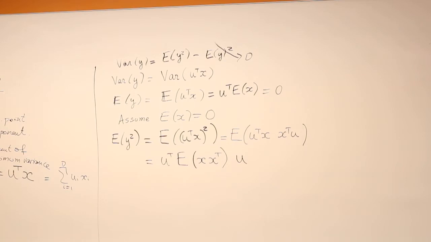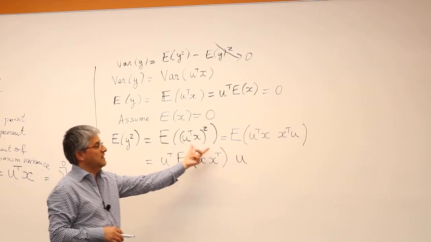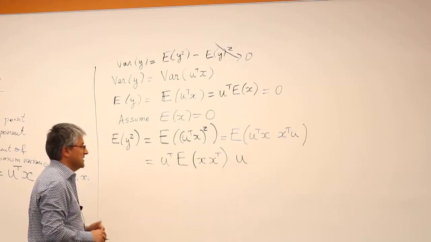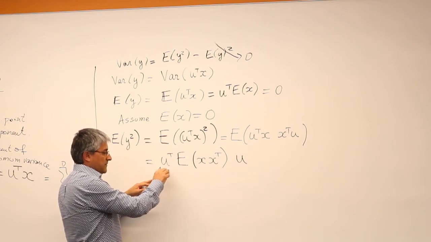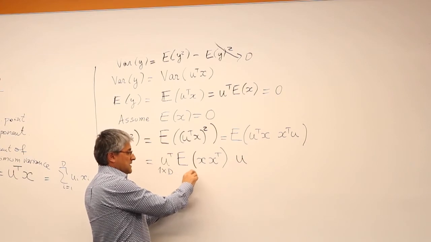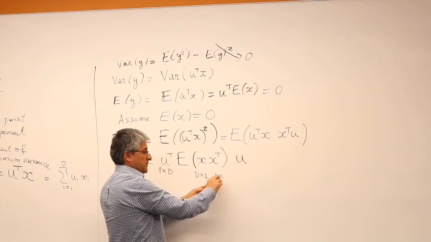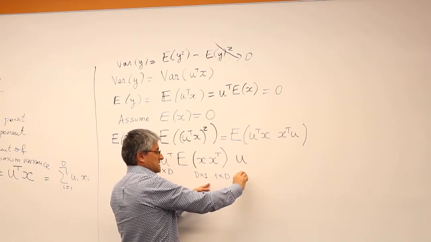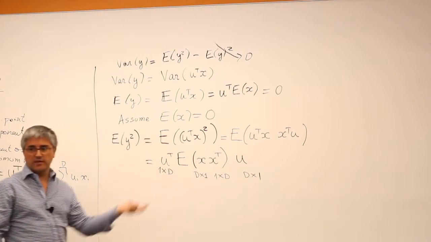Let's compute dimensions now to be very clear, because this was a scalar, this was a scalar, but there are some vectors here. This u transpose is 1 by d. This x is d by 1. This is the transpose, so 1 by d. And this is still d by 1. So the product of everything is still a scalar.